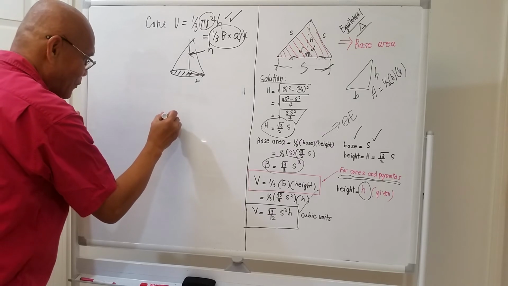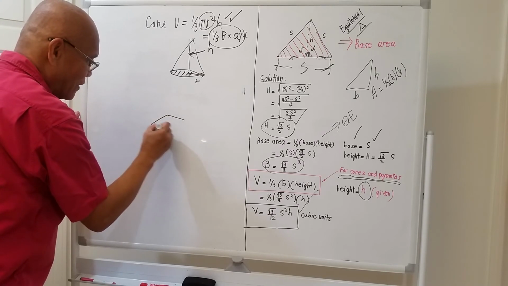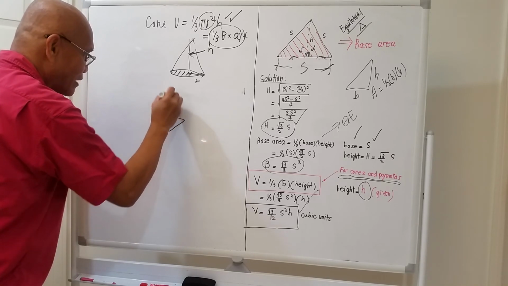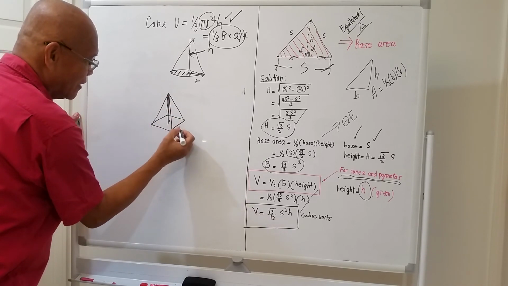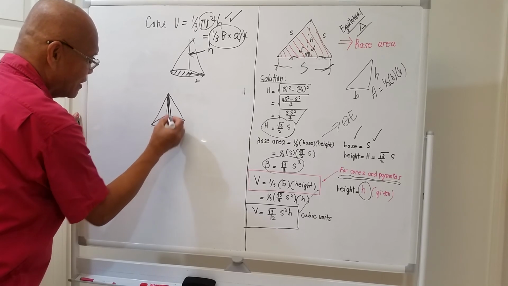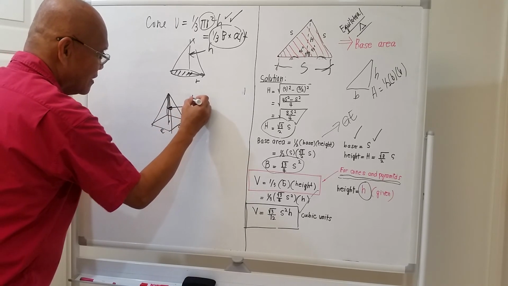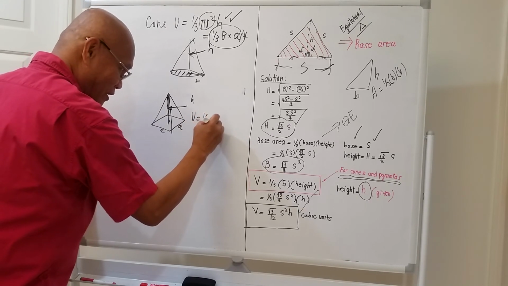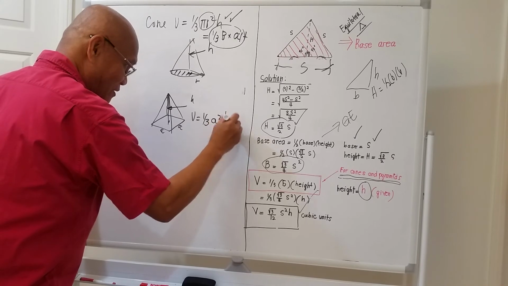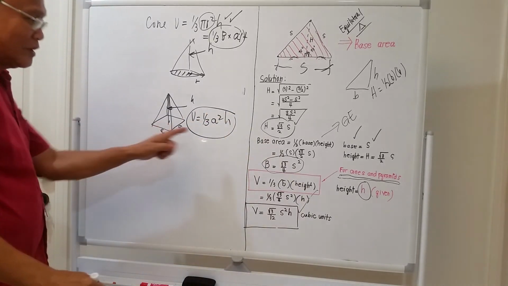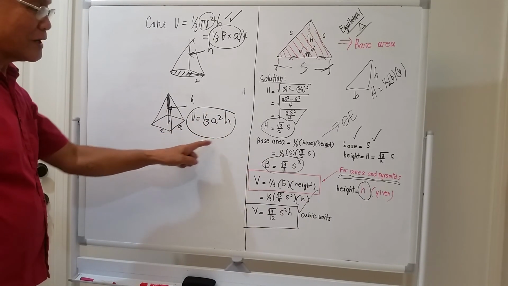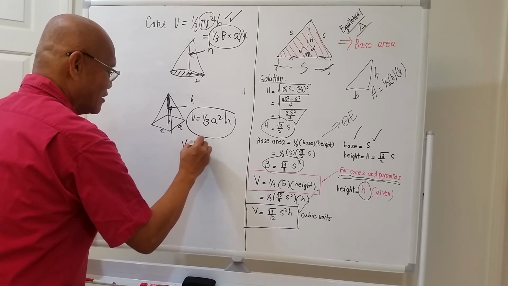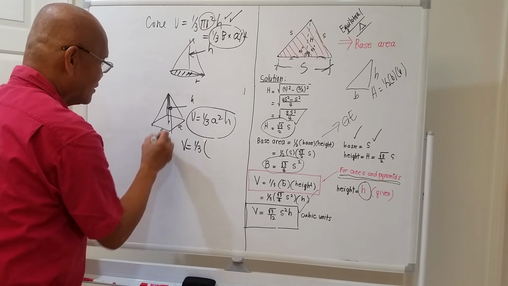And for a square pyramid, we have derived this one already under integral calculus. If this is A, and this is H, we have derived already that the volume of this is 1/3 A square times H. Okay, let's try to follow this one. Volume is the base area times 1/3. What is the base area?